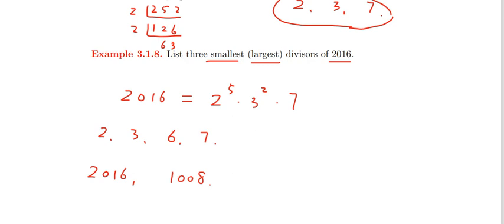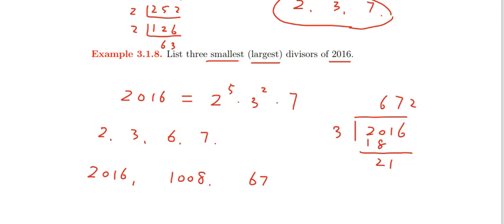Divided by 3 is 672. So those numbers are the largest 3 divisors.